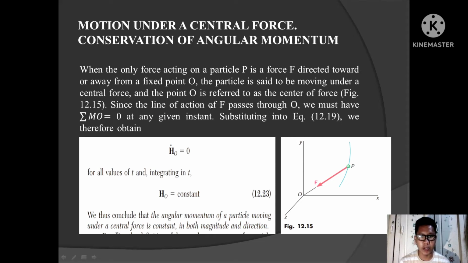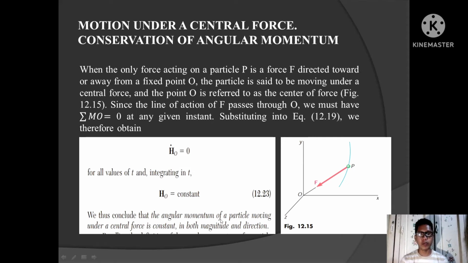Since the line of action of F passes through O, we must have this at any given instant. Substituting into equation 12.19, we obtain this formula for all values of t, and integrating in t, our H sub O is equal to a constant.